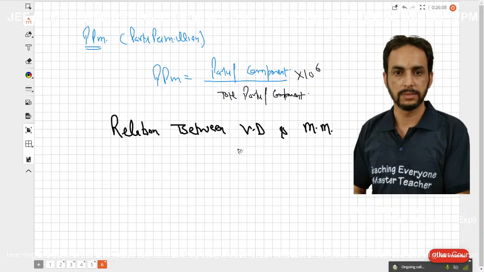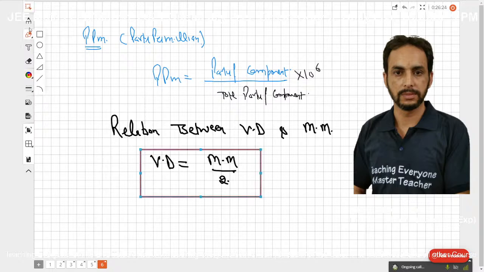What is vapor density? Vapor density equals molar mass divided by 2.